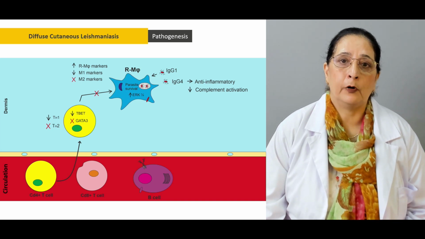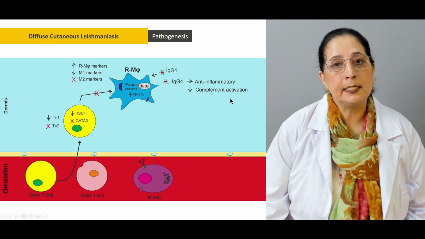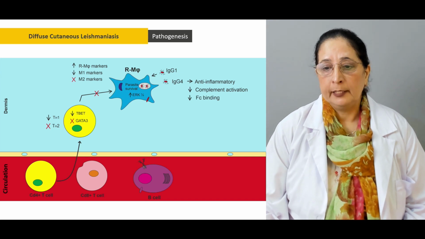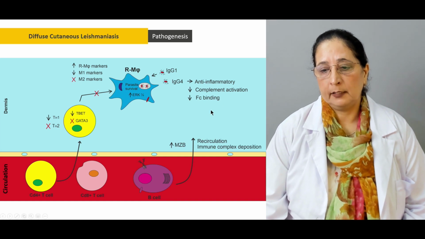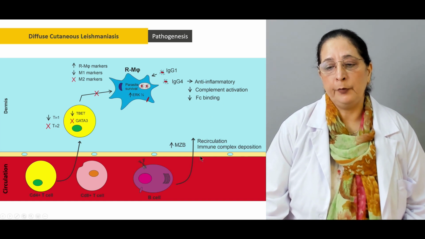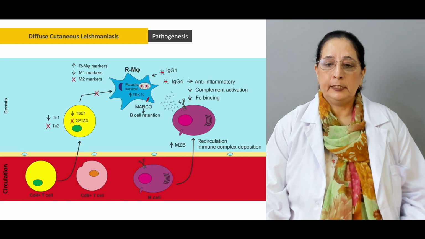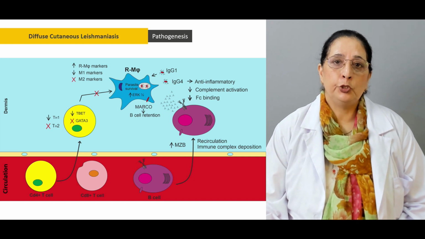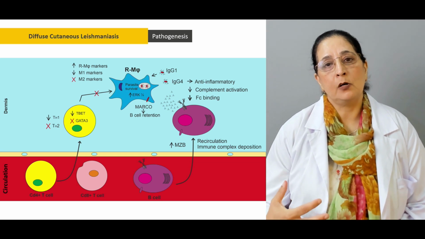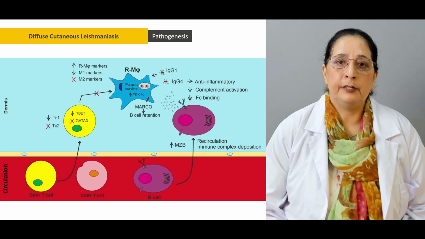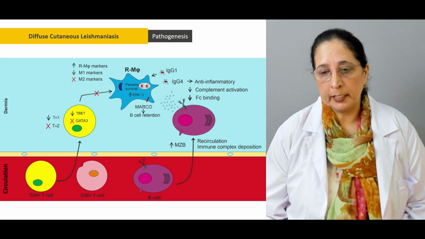They are affected, and there is decreased complement activation, decreased Fc binding, and also recirculating immune complex deposition. All these changes can lead to diffuse cutaneous leishmaniasis because of impairment of the function of humoral and cell-mediated immunity.